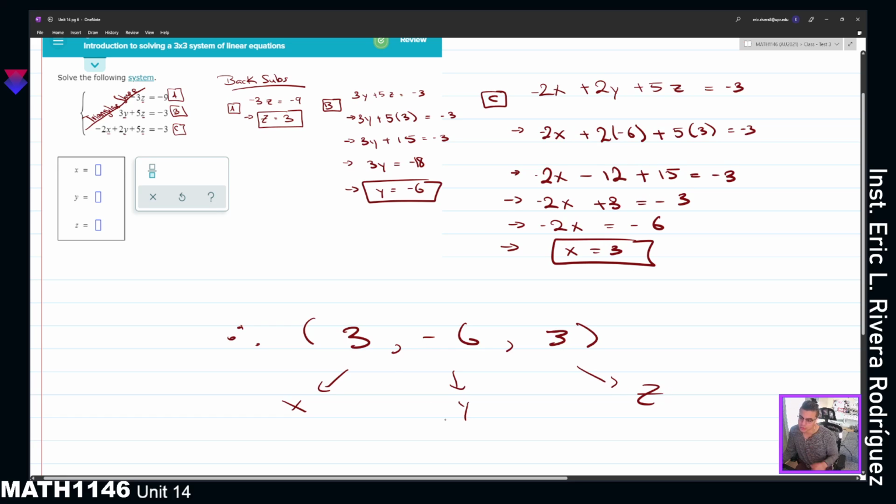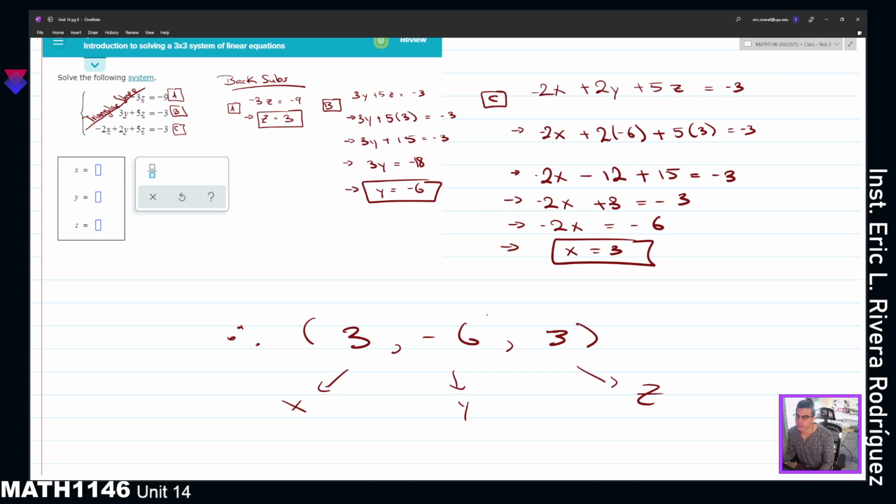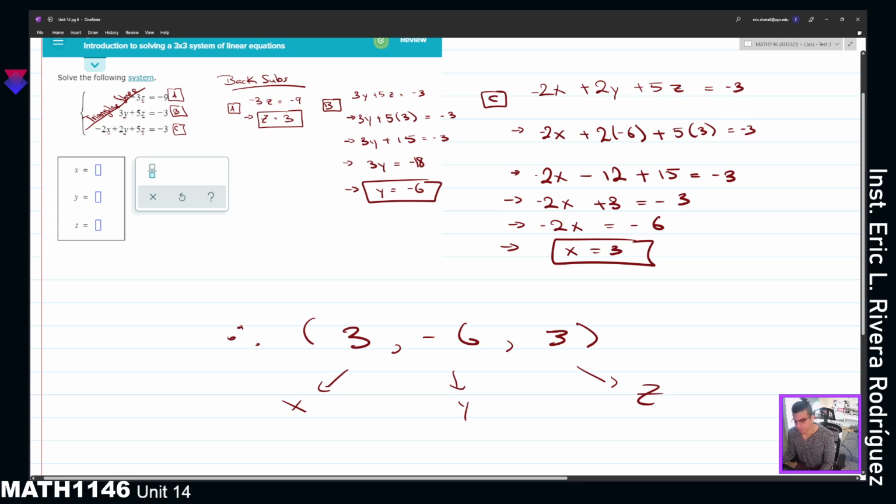You are going to start seeing triplets. I started working with triplets in calculus 3 when we start working with 3D shapes. So 3 coordinates x, y, and z. Okay, because now we have a 3x3 system.